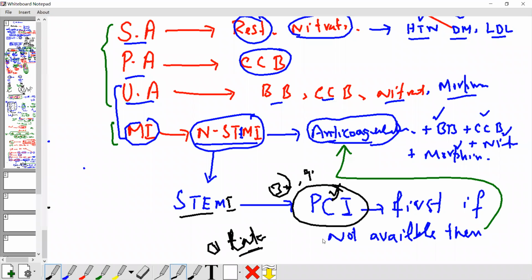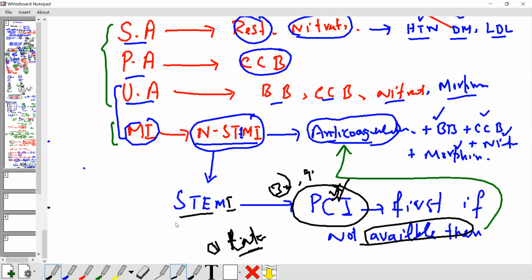Another thing is that not all doctors or even all cardiologists can perform this. Only cardiologists who specialize in PCI can. In a small clinic that is not a big hospital and does not have all facilities, maybe there is no facility for PCI.